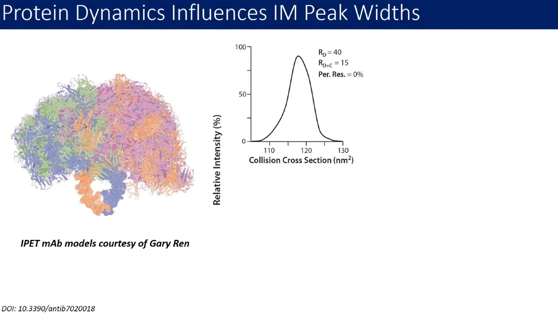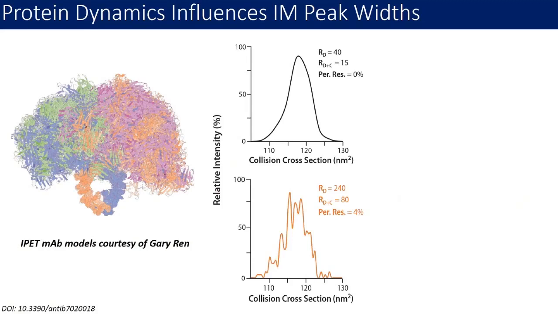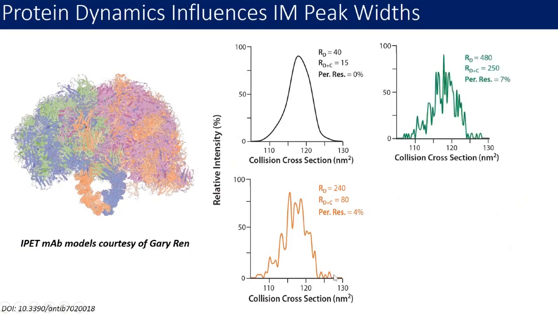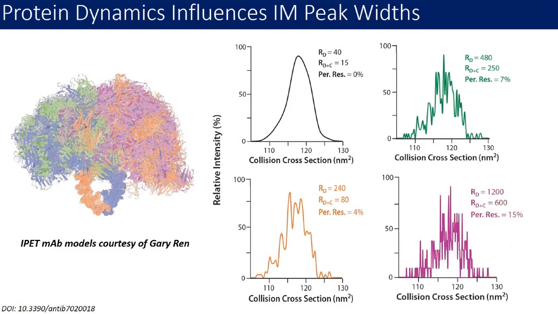As I begin to increase the resolution of my mobility separator to a factor of 6 beyond what we can achieve experimentally now, I begin to resolve additional structural states from this ensemble. If I then increase that by a factor of 2 and further another factor of 2.5, up to a resolution of around 600 or so, then I can resolve about 15% of that original 360 structures, which isn't great, and gives you a sense of the challenge here.